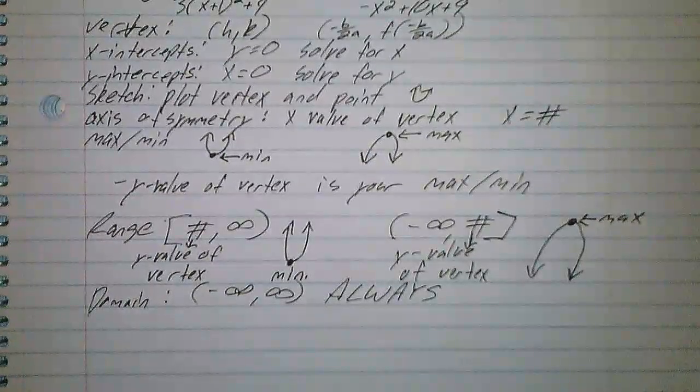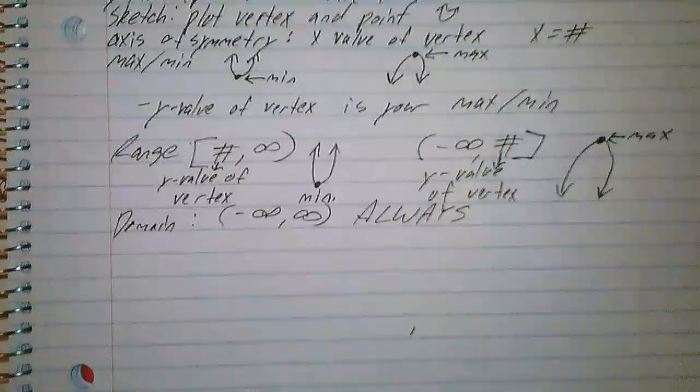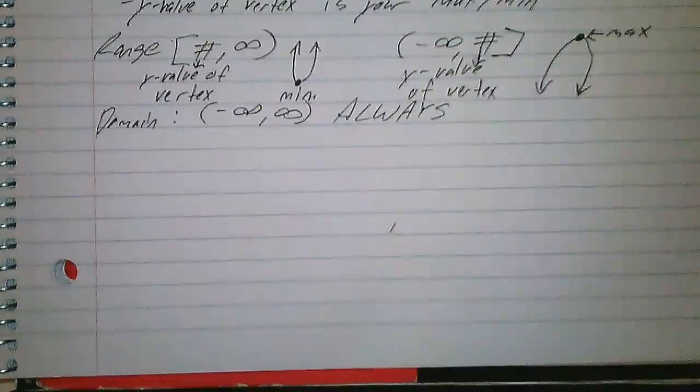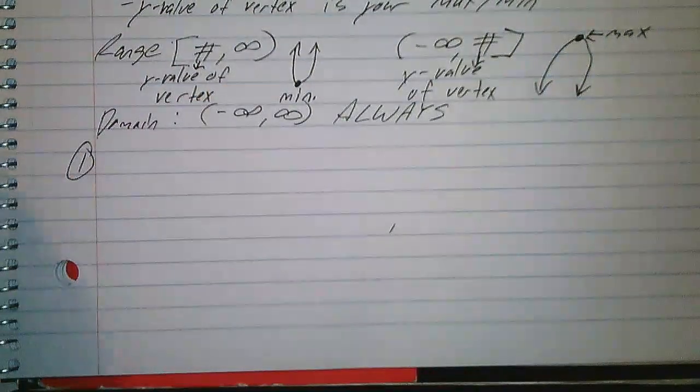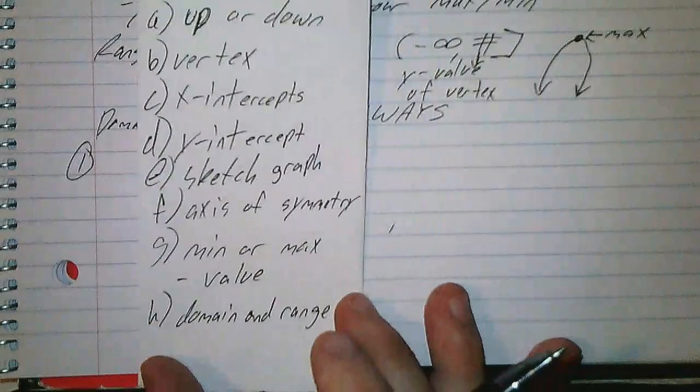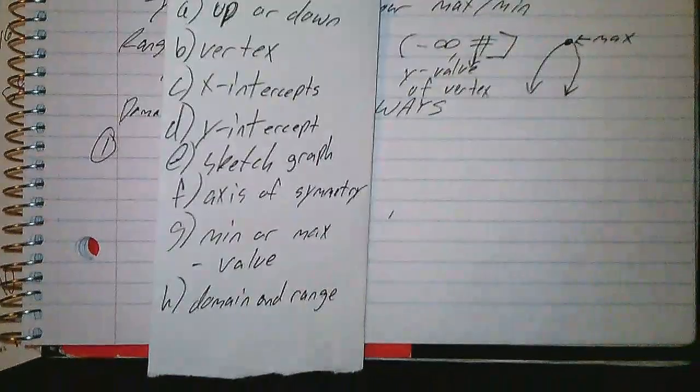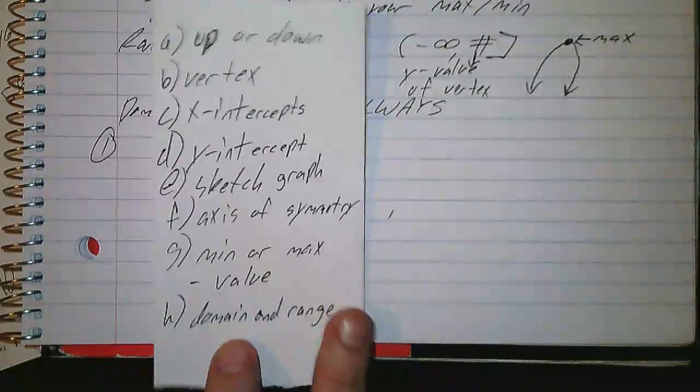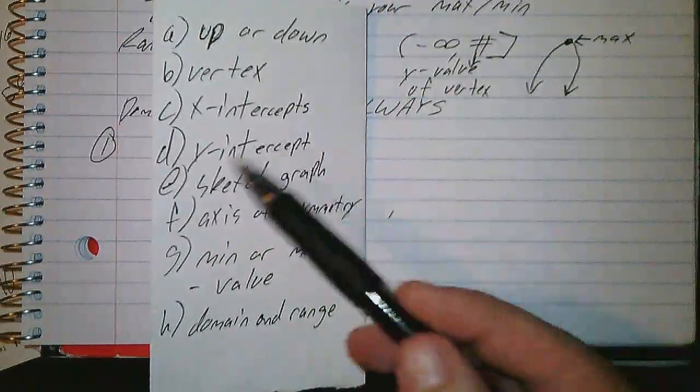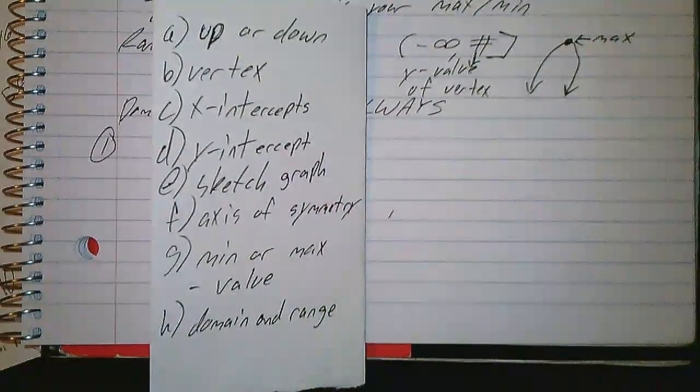So let's look at two examples. Here we go. Number one. So again, I wrote this out because these are the 8 things you are asked to find for each parabola.